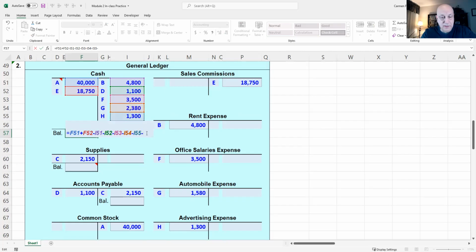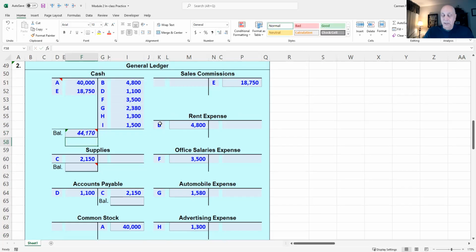Okay, so we have $44,170. That's our debits minus all our credits. That's our ending balance. You notice it's a left side balance. Why? Cash is a left side account, so it'd have a left side or a debit balance.